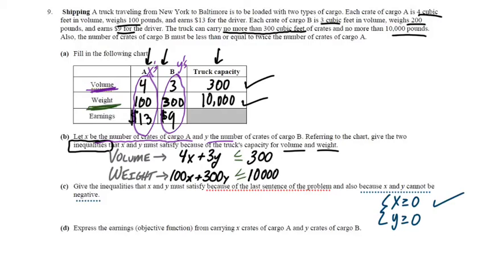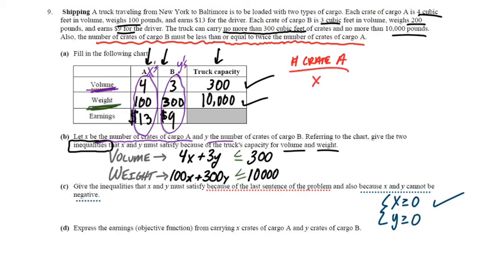But in red here, what is meant by because of the last sentence of the problem? The last sentence of the problem says the number of crates of cargo B must be less than or equal to twice the number of crates of cargo A. Okay, we need to put this in terms of X and Y though. So we know the number of crates of A, we called that X, right?